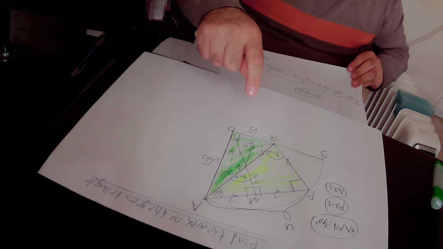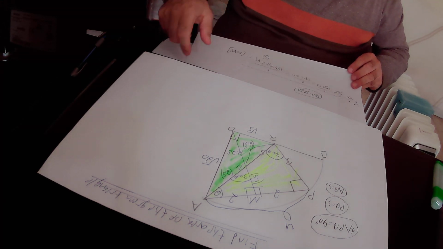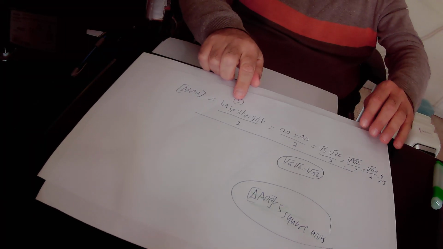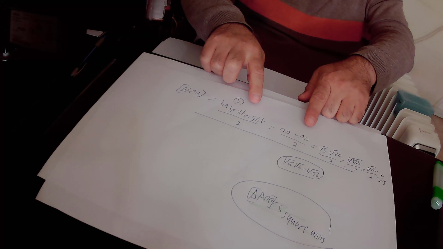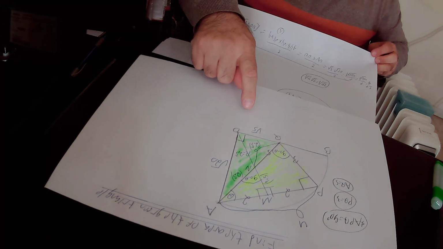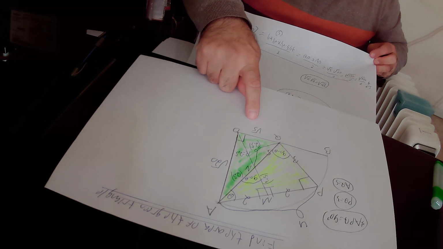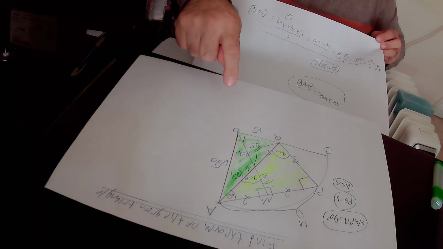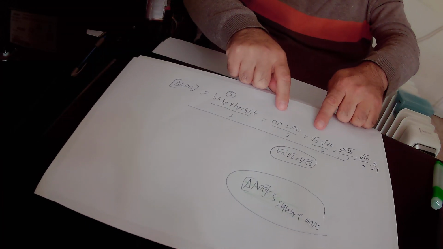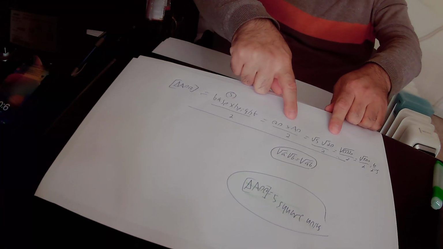So it is QO times AO over 2. QO equals the square root of 5 units, AO equals the square root of 20 units, all divided by 2.